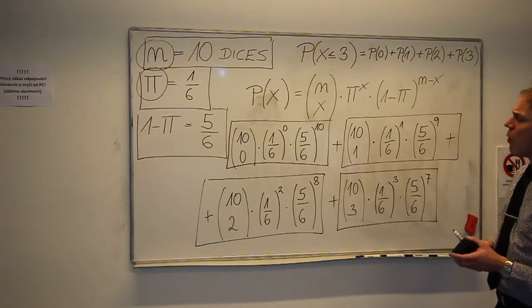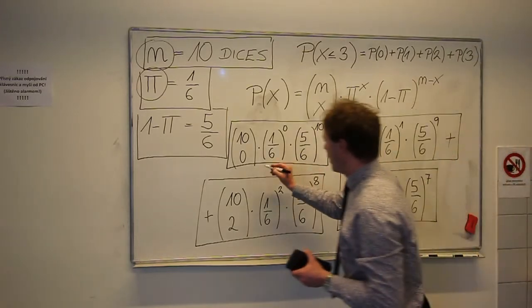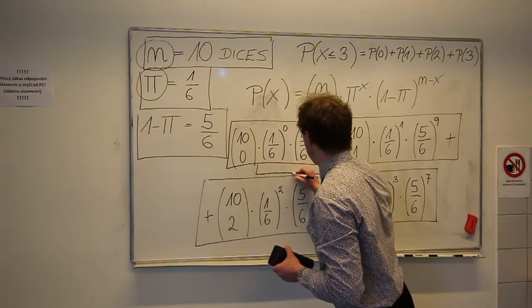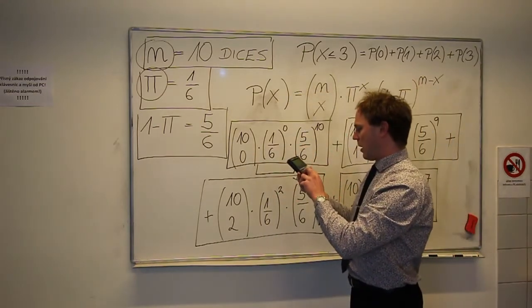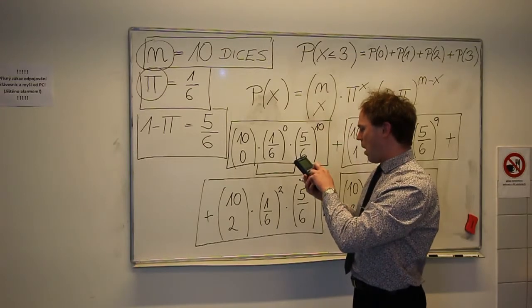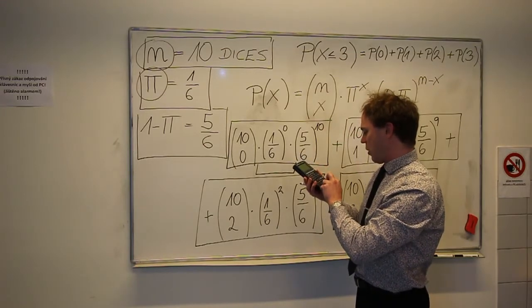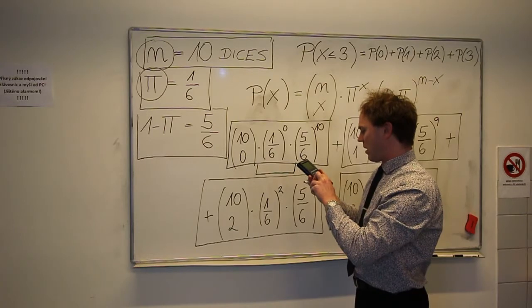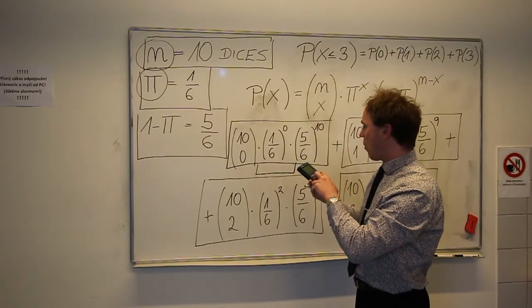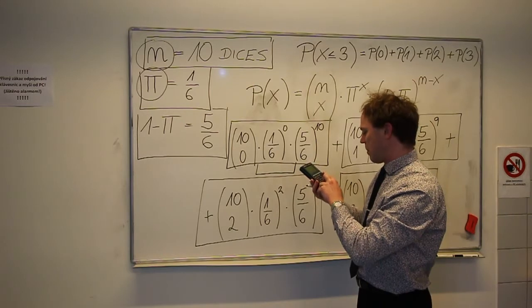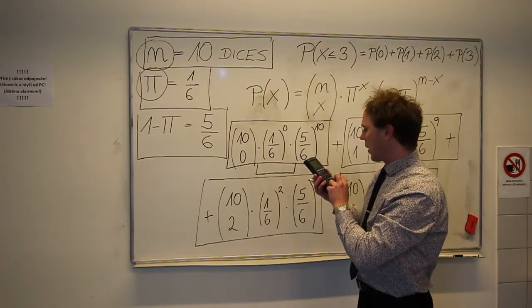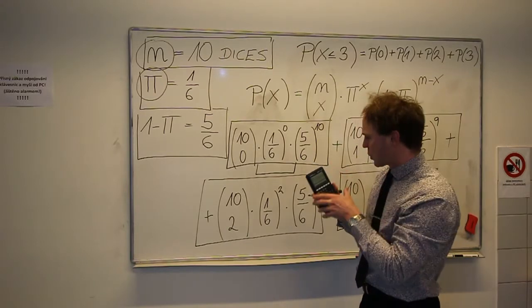Yes, so I will write the partial results. So please wait a second. 10 above 0 times 1 divided by 6 powered by 0 times 5 divided by 6 powered by 10. Okay, 0.1615.